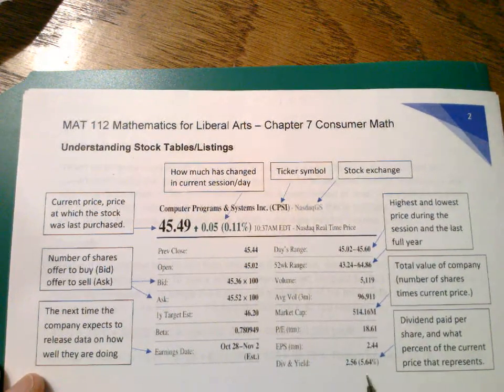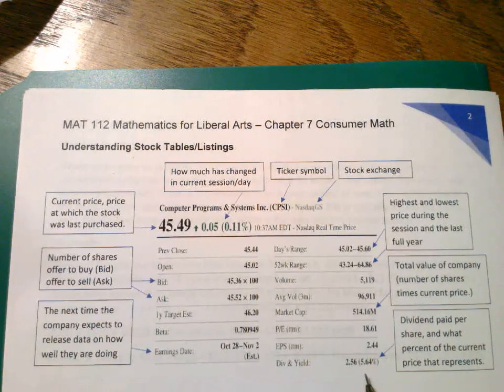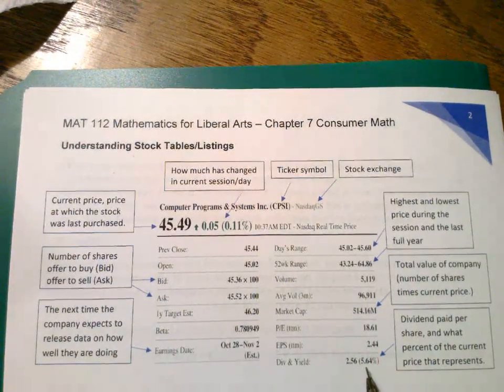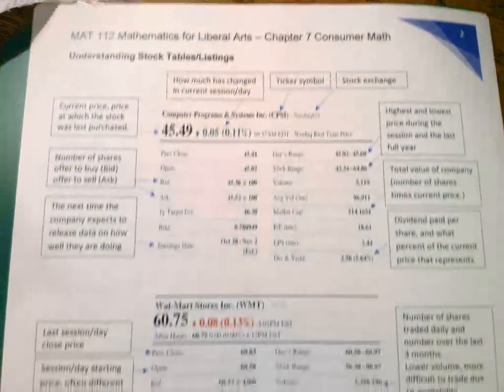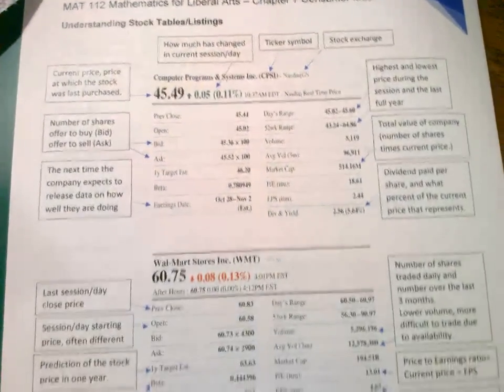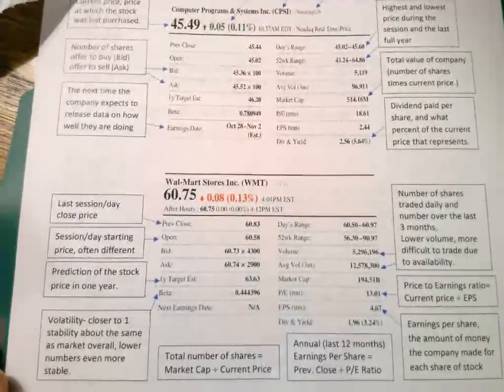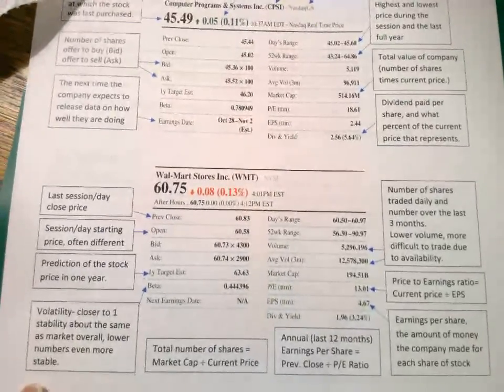And the dividend paid per share. So if they made profits and they didn't plow it back into the company, they gave their stockholders dividends. Dividend paid per share and what percent of the current price that represents. So they paid 5.5% dividends. And I couldn't write all of them in the same one, so I did another example talking about all the ones I didn't talk about on the first one.